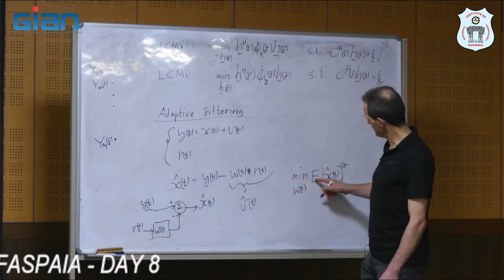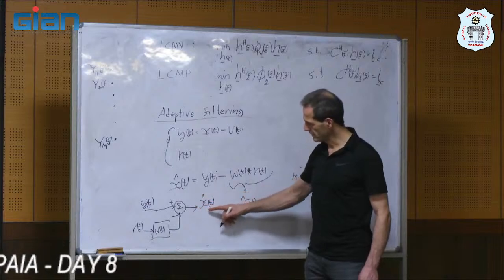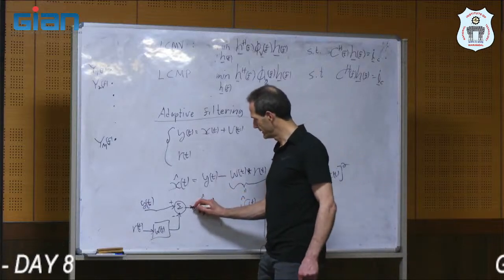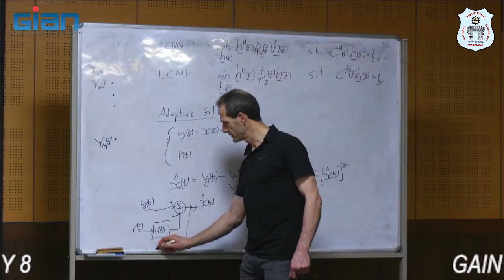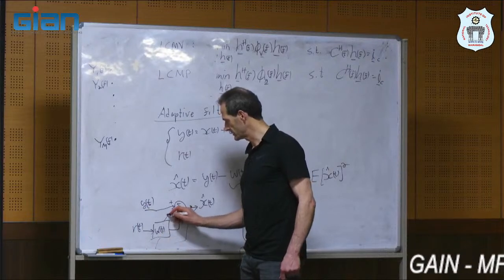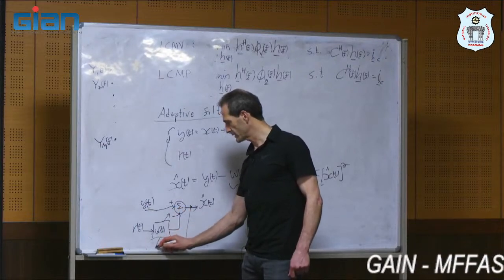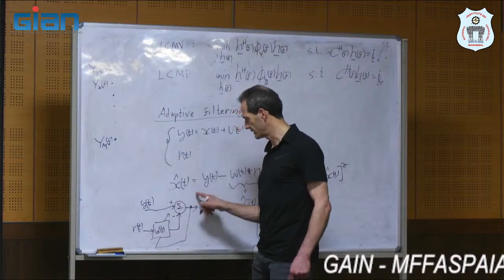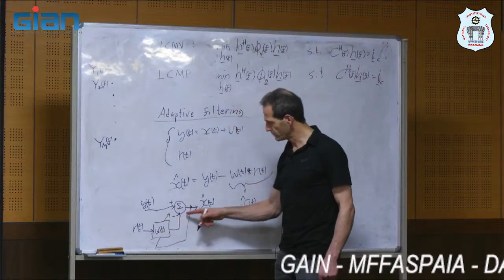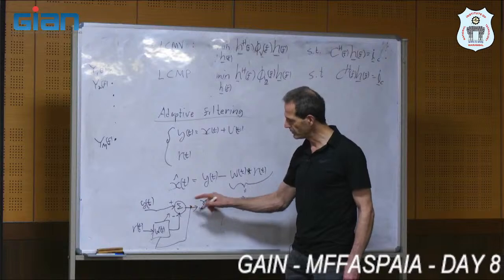So we minimize the power at the output, and we can adapt this filter. So this filter is obtained by minimizing the power at the output.